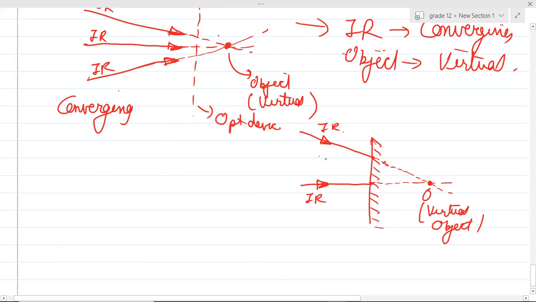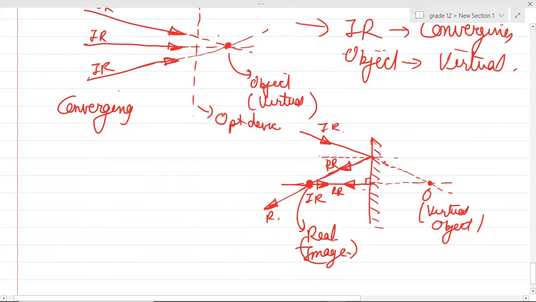And then after reflection, this light ray, since it's normally incident, will go back like this, and this light ray will go something like this. Yes or no? Yes. So can you see over here, these reflected rays are actually meeting at this particular point, hence this will be a real image.